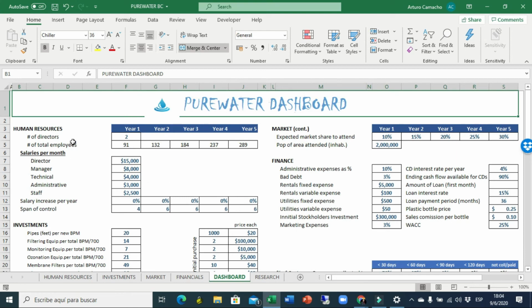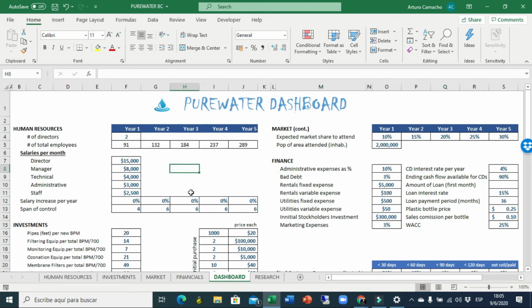In our next chapter, we're going to talk about sensitivity analysis. The sensitivity analysis is a tool that lets you vary each of your assumptions, or at least the most sensible of the assumptions, and understand how much does that affect your results.